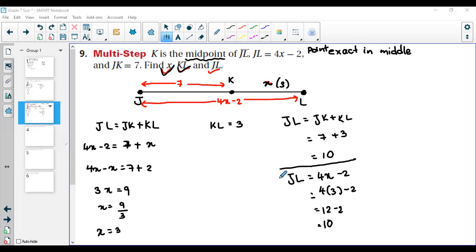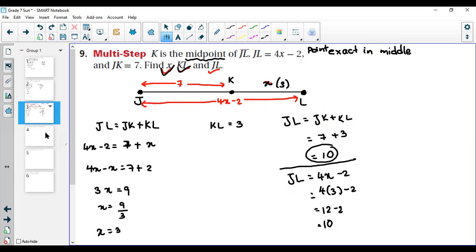Nobody can say this is correct, this is wrong. No, both the ways are correct. We are only concerned about the answer and the way we got it. If both of them are correct, we don't need to bother which way is correct or which way is wrong. So it depends on how you judge the picture, whether you want to add both of them or you want to substitute the value of x and then find out the value of JL.